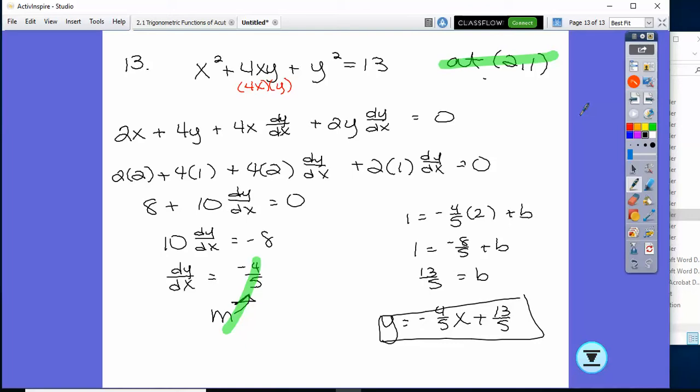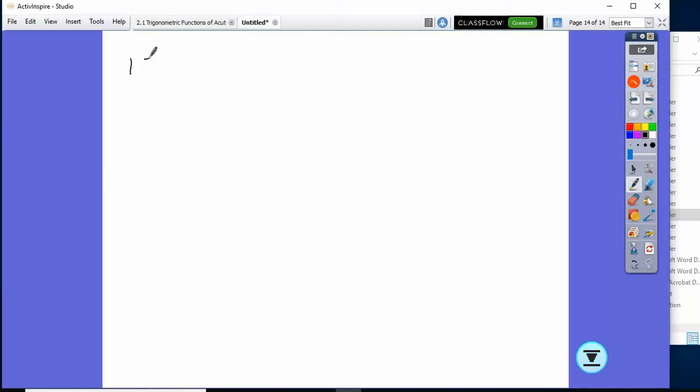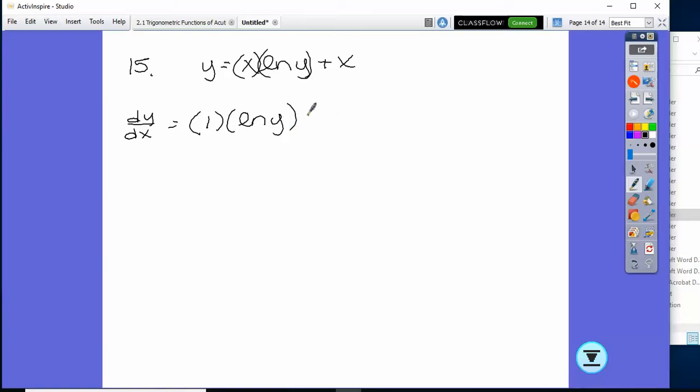The next question we had was problem 15. So find dy dx. If we do the derivative, derivative of y is dy dx equals, I have to treat this as a product. So derivative of the first, derivative of x is 1, times the second, plus the first, derivative of the second.